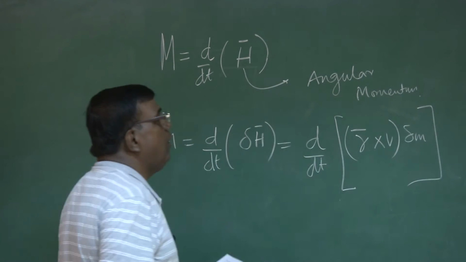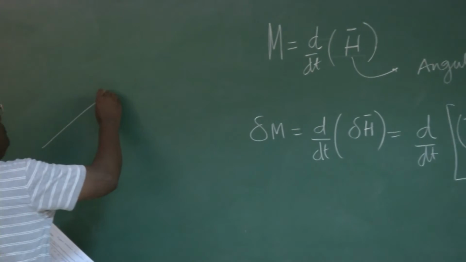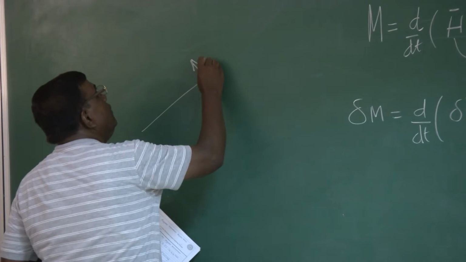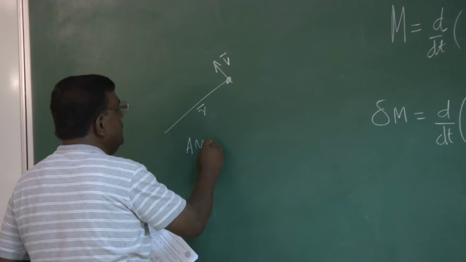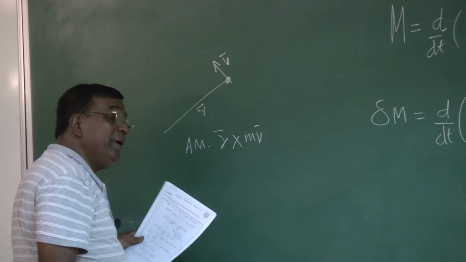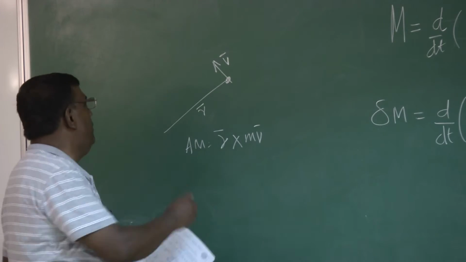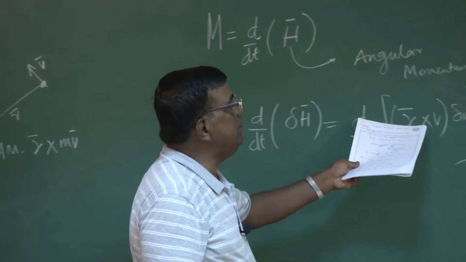This is r cross mv, angular momentum. Remember, if this is a body moving with a velocity v, this is r, and the angular momentum is defined as r cross mv, which we say is the moment of the linear momentum about a point on an axis. Same definition has been used. This is r cross mv only.